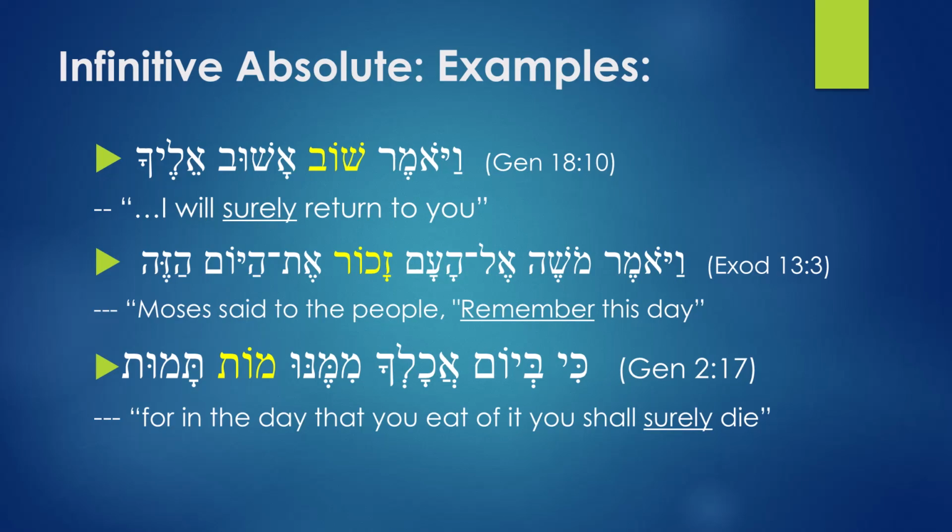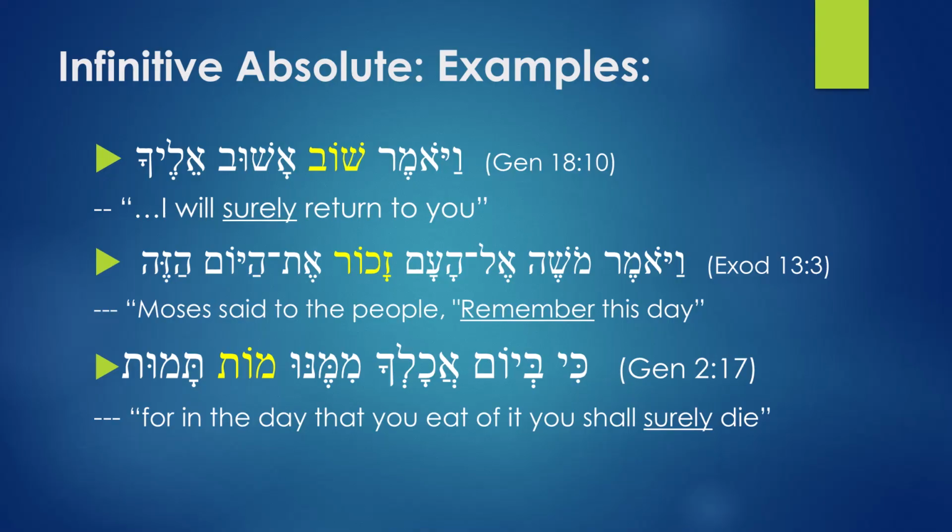Hazeh means this. And since the infinitive absolute here is standing in place of the imperative, the function is that it's emphasizing the word remember. It's emphasizing the action. It's giving emphasis to the command, and the command is remember. And so Moses is saying, make sure you remember this day.